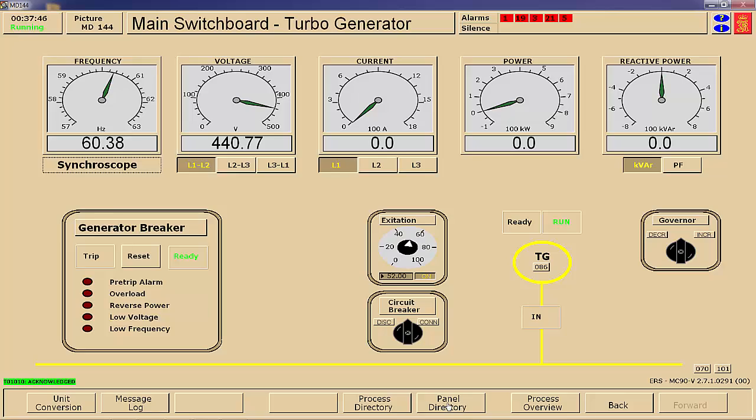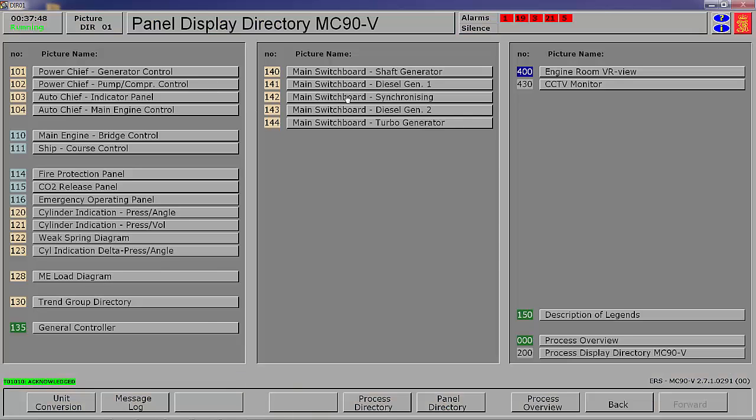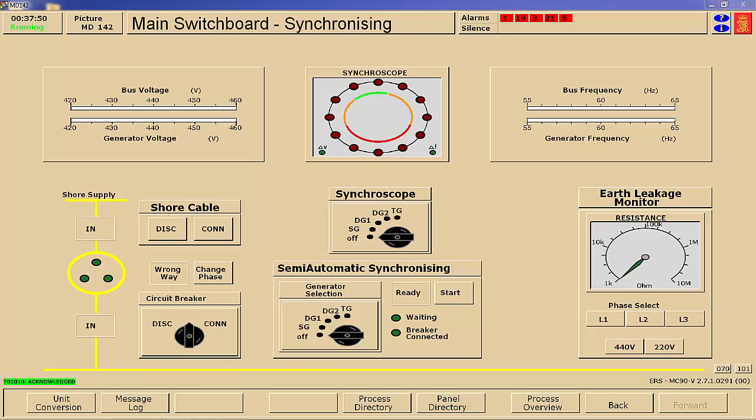And I'm going to pull that up here. And I'm going to put the generator on my other screen. And I'm going to sync this up. Okay. And then I'm going to apply some load. Now let's get off here and we'll go back.